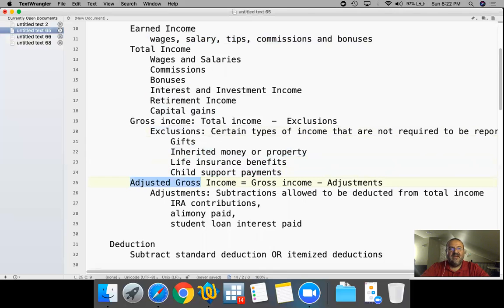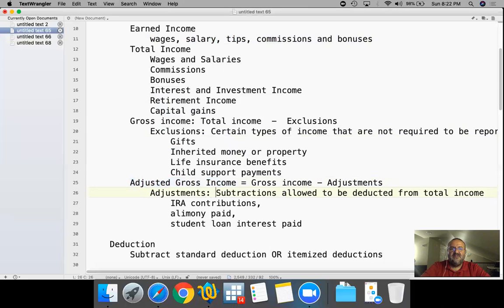Now, with respect to adjusted gross income, we went from earned income, total income, gross income, and now adjusted gross income. So we're going from the total that you've earned minus your exclusions that you're allowed, depending on the state, depending on the time. And then now we're talking about adjustments.